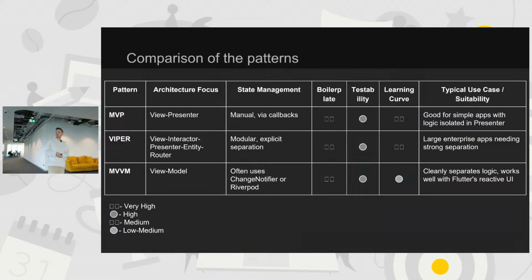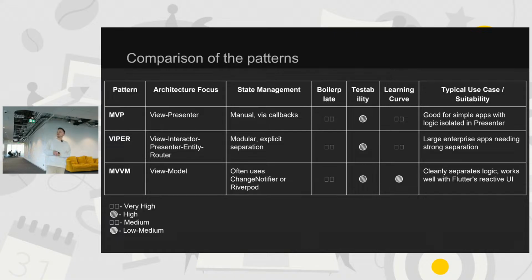So yeah, unfortunately, something is wrong with the illustration. So this is actually our comparison of the patterns. As you can see, VIPER, MVP, and MVVM are not highly recommended to use for Flutter.